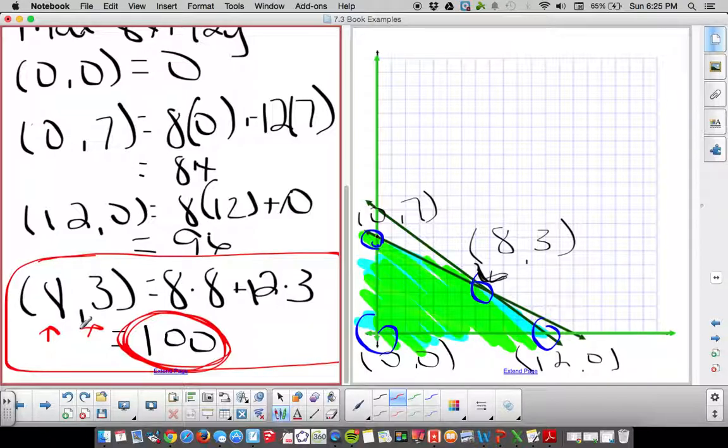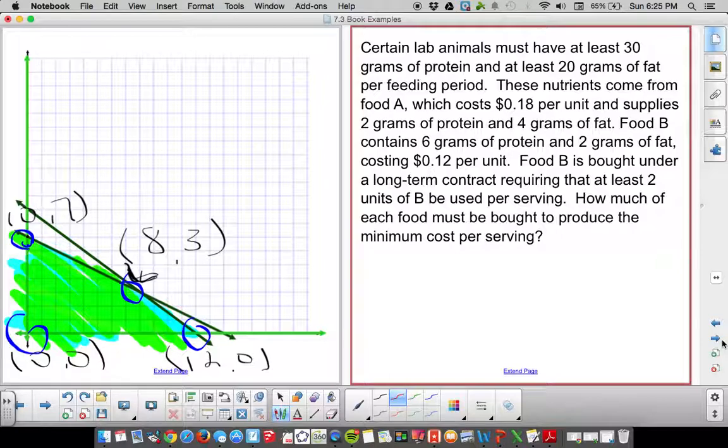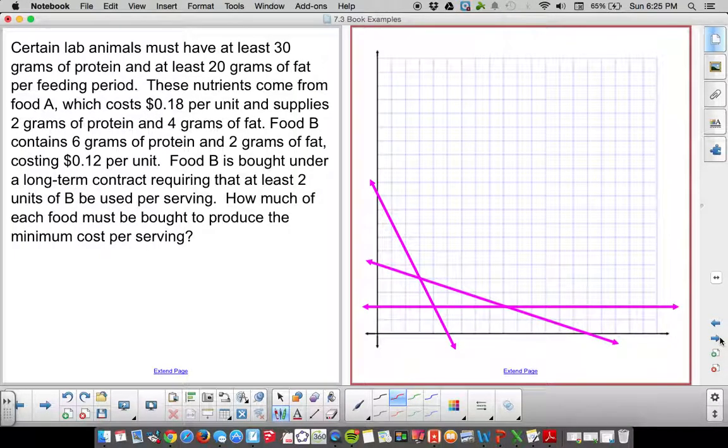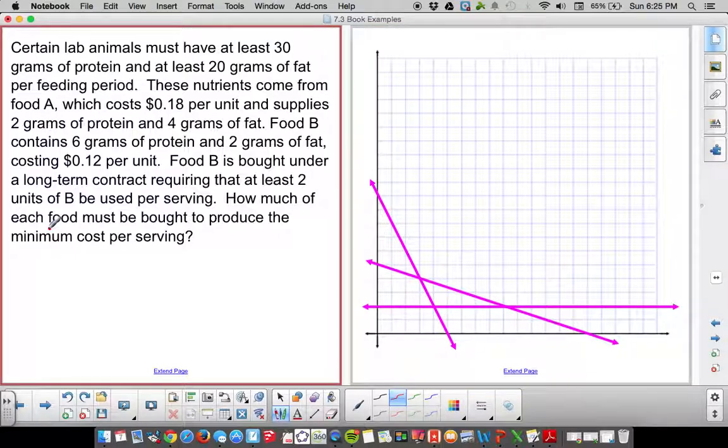All right, our last example is about a laboratory. We have certain lab animals that must have at least 30 grams of protein and at least 20 grams of fat per feeding period. These nutrients come from food A, which costs 18 cents per unit and supplies 2 grams of protein and 4 grams of fat.